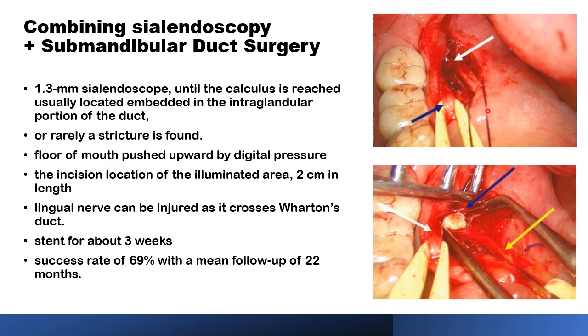The sialendoscopy will localize exactly where the stricture is, or even the stone, and an incision of about 2 centimeters above this into the oral mucosa is carried out, followed by identification of the lingual nerve and protection of it, incision of the duct in the stenotic area, and marsupialization to create a new opening into the oral mucosa, or scooping of the intraductal stone and repair of the duct sometimes can be carried out, followed by stenting of the duct for a few weeks to prevent re-stenosis.